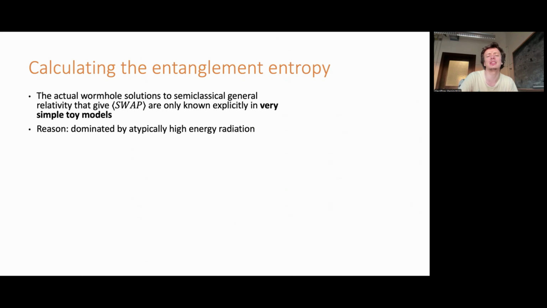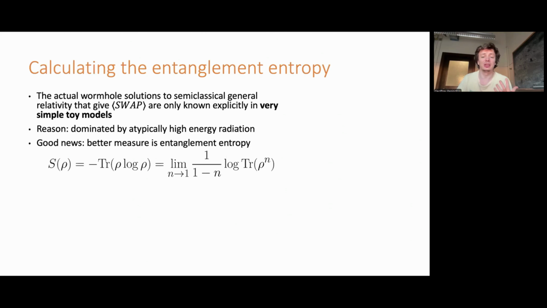The reason for this is, in fact, that this trace of rho squared quantity is not a very good measure. It's a bit of a weird measure of the noisiness of the radiation. In particular, it gets dominated by some tiny exponentially small probability that just lots of radiation gets emitted really fast, that the radiation happens to have a lot of energy, and so the black hole gets very small.